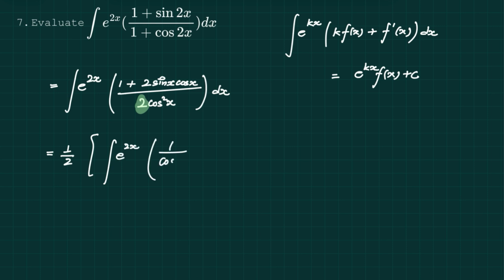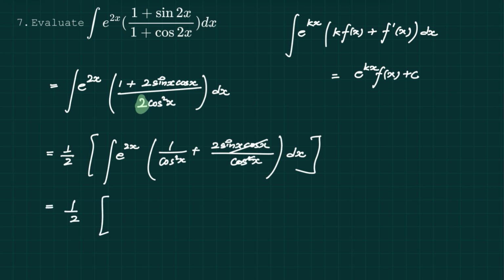Then we will have 1 over cos square x plus 2 sin x cos x by cos square x dx, and here the cos x got cancelled, so it equals integration of e to the power 2x into 1 over cos square, that is sec square x, plus 2 sine over cos, that is 2 tan of x, dx.